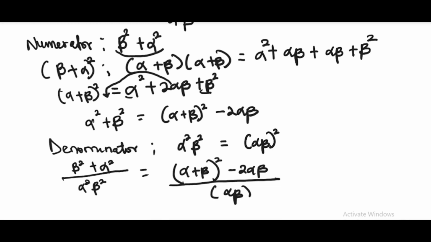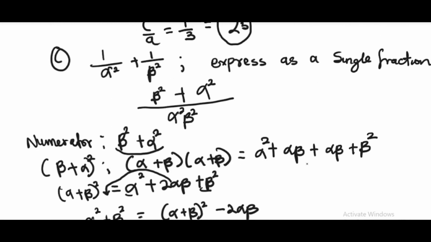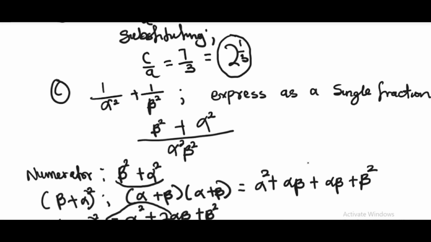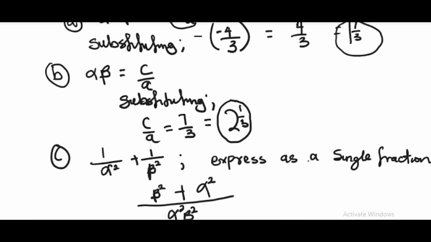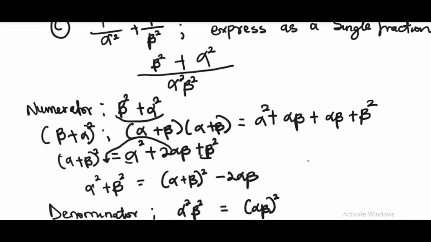Alpha beta squared. So what's our alpha plus beta? Remember I said you should write it down because we'll be needing it, right? So let's go back and check our alpha plus beta. So remember we got our alpha plus beta to be 4 over 3, while our alpha beta is 7 over 3. So let's substitute.